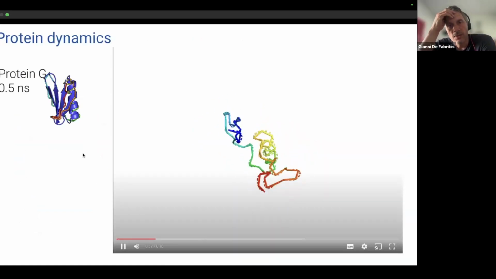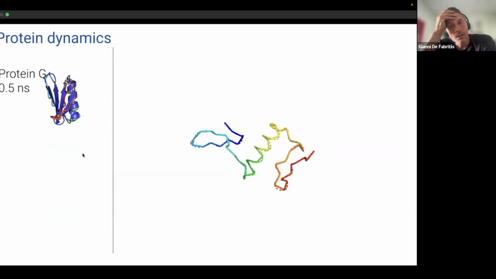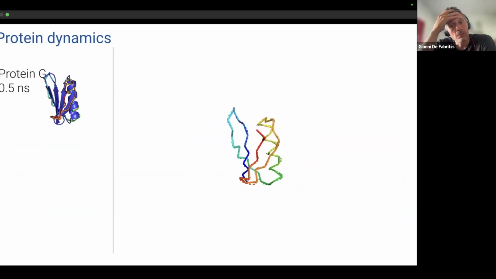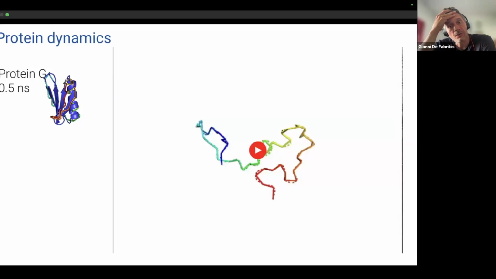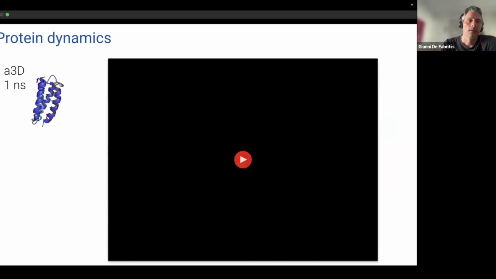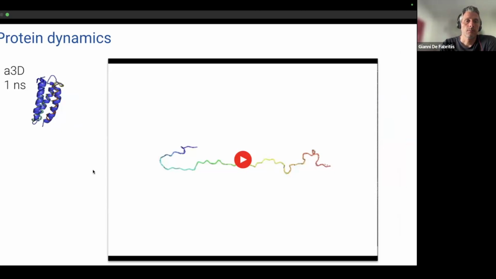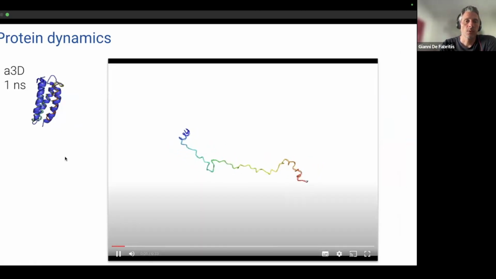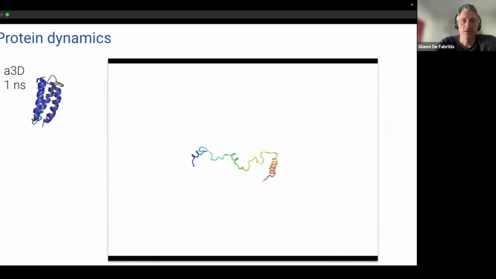You see this has only carbon alpha beads, and this is a simulation where, like you saw at the beginning, it forms a stable structure compatible with the crystal structure, without any inputs. We don't say which part should be secondary structure, which part should be in contact, or anything.